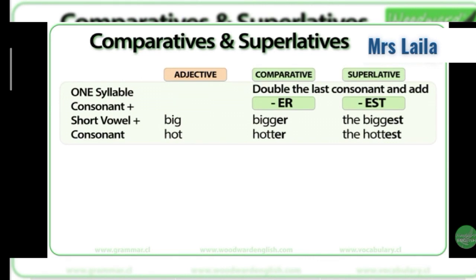When an adjective has one syllable and it ends with consonant, plus short vowel, and consonant, like big or hot, we double the last consonant and add er to comparative and est for the superlative.